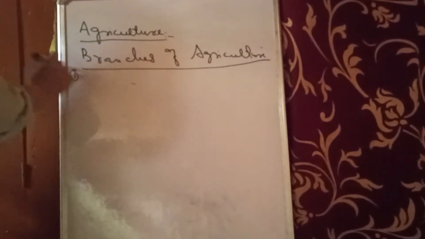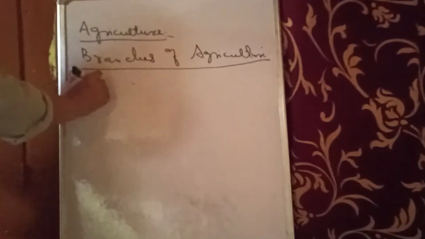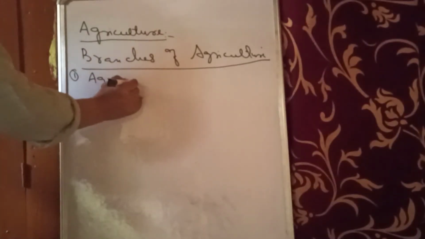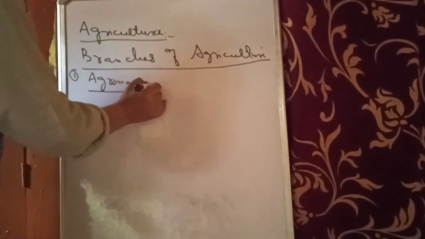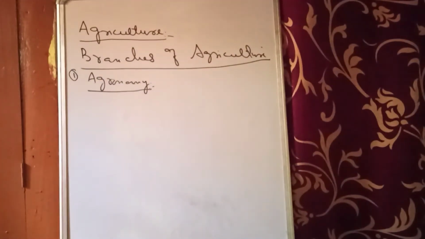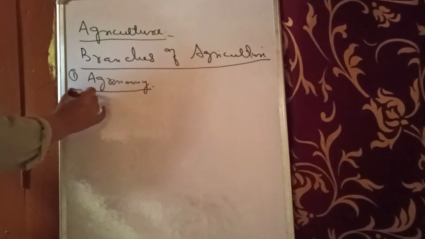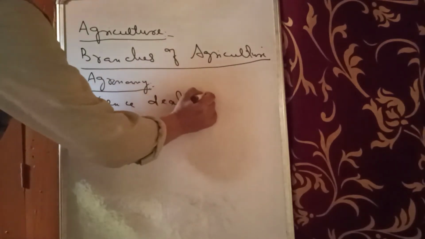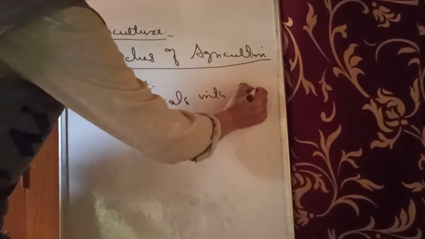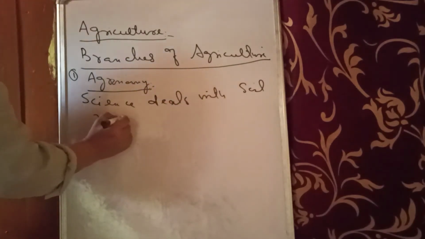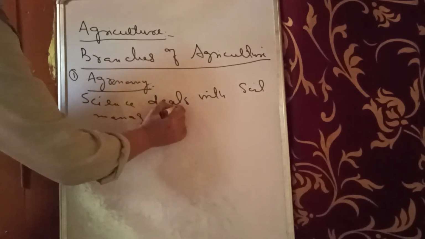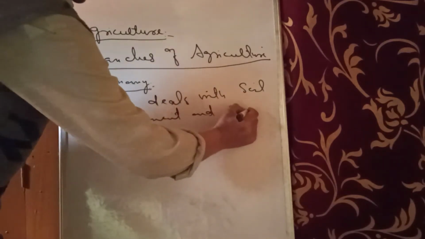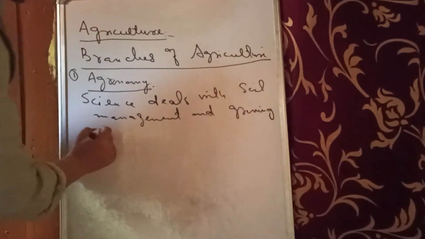The first branch of agriculture is agronomy. What is agronomy? It is simply the science that deals with soil management and growing of crops.